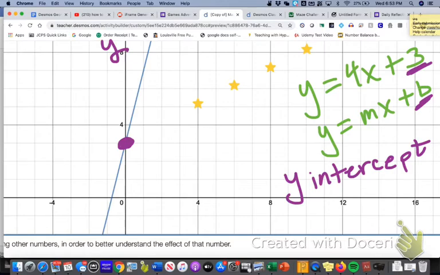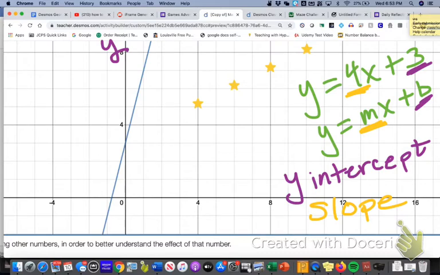Now as for the m, for those of us who don't remember because we're on vacation brain, m, which in this case is going to be 4, that number in front of the x, stands for the slope of the line. And the way that you find the slope of a line, for those of us that might have forgotten, which is totally okay, that's why you're here, right, is you just pick 2 coordinates.